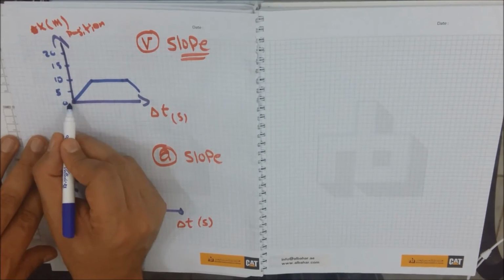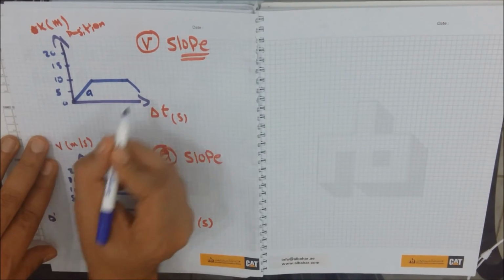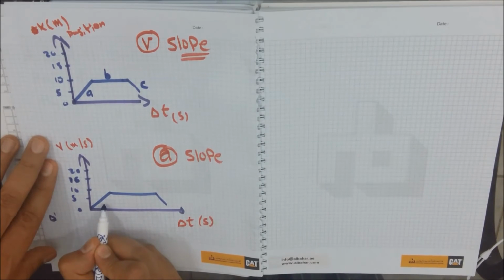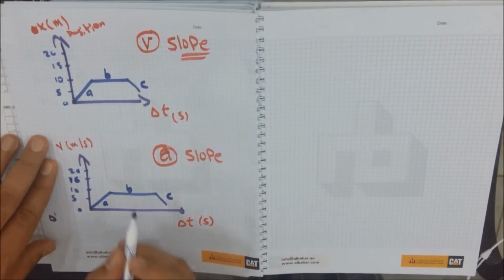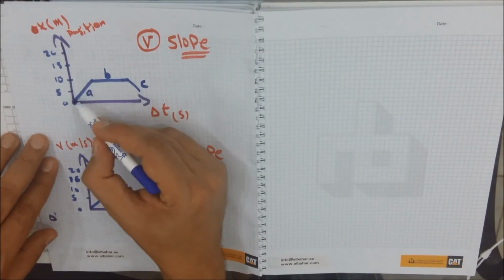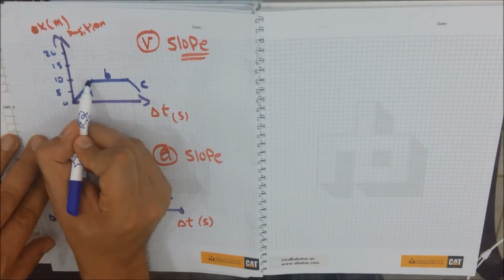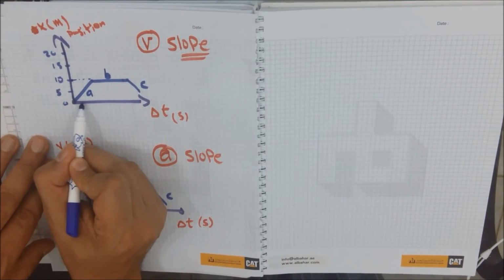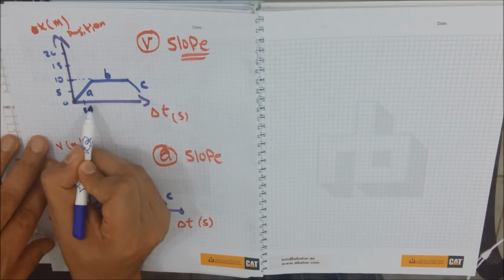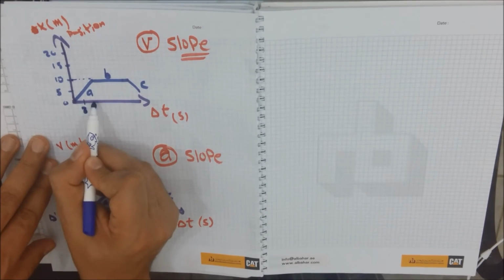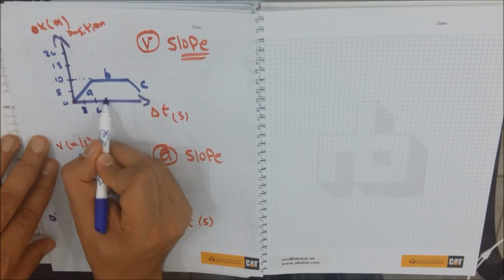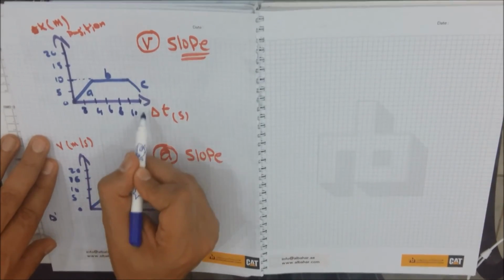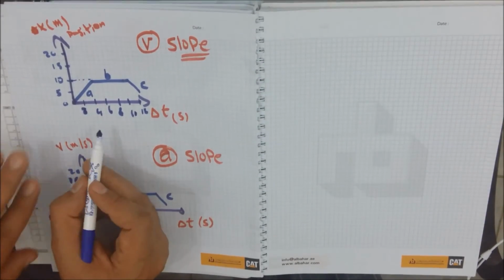So from 0 to 10, let's call it area A or line A. This is line B and this is line C. The same in here, line A, line B, and line C. In line A, as you can see, from 0 to 10 meters, or let's make time as well, so 5 seconds. Let's make it 2, 4, 6, 8, 10, 12.